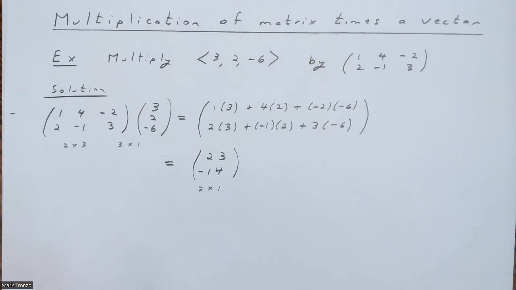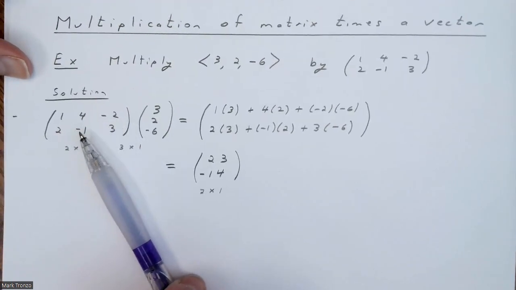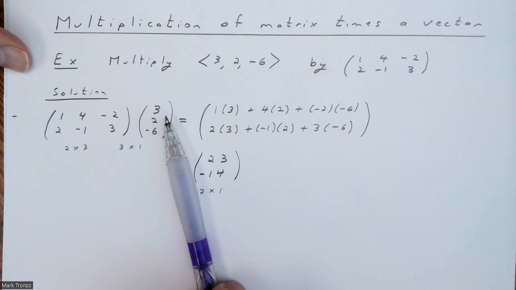Now, doing this is going to be useful because often we're going to want to work with systems of equations, and we'll kind of work backwards. So this time we multiplied the matrices, but sometimes we're going to want to undo things. And let me show you what I'm trying to say here.